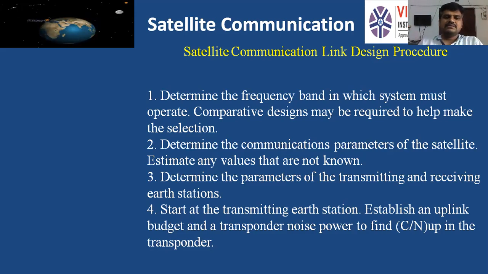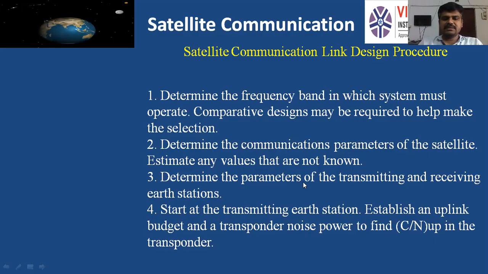The first one is to determine the frequency band in which the system must operate, C band, Ku band, K band, etc. The second one is to determine the communication parameters of the satellite, and if you don't know any of the parameters, then estimate their values.